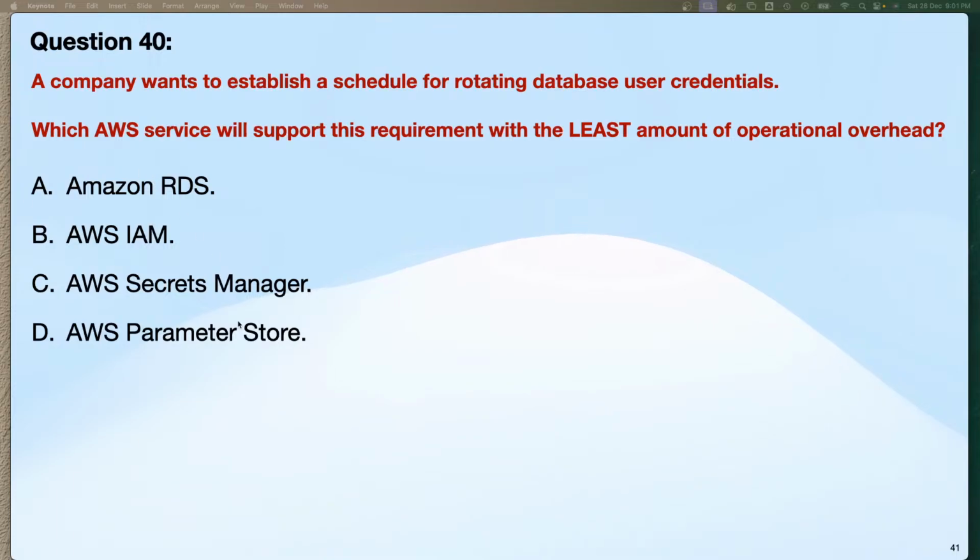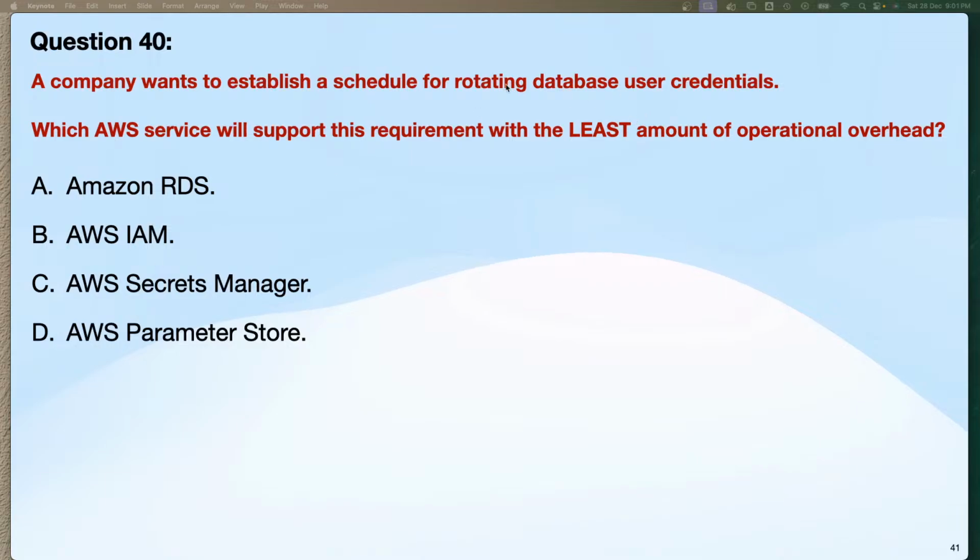AWS Secrets Manager stores the secrets, and AWS Secrets Manager also can store the database credentials, and it has capability to rotate them also. So remember, this question might come in your exam for sure, and AWS Secrets Manager is the answer.